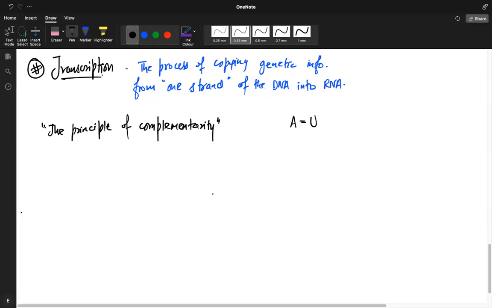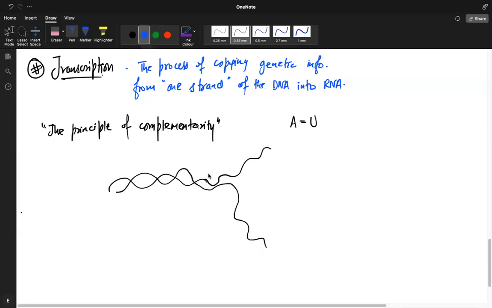So if a DNA is open, let me show you like this. Let's say there was this DNA and it opened like this. Okay, this is the DNA that opened.